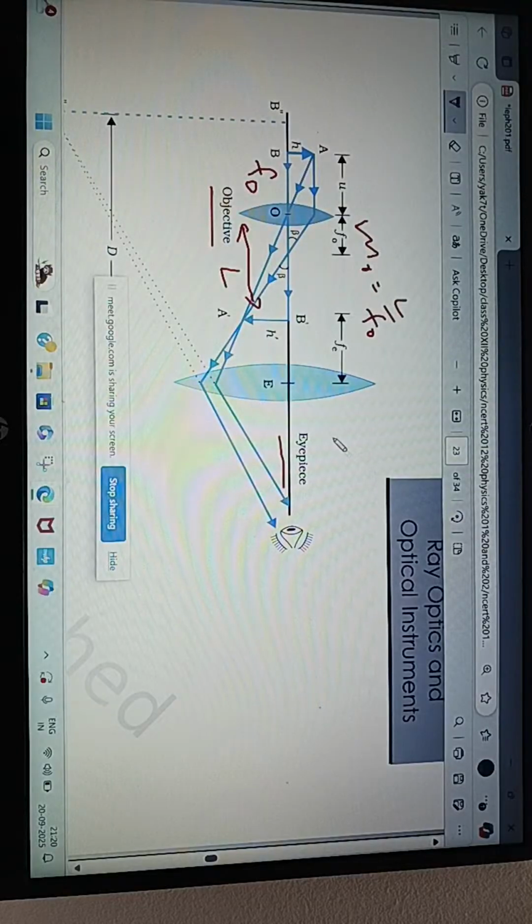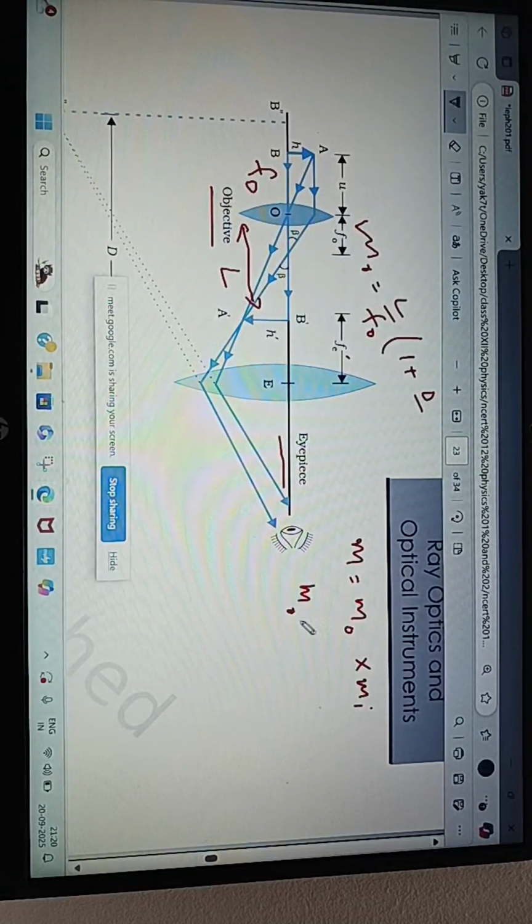And for the eyepiece, angular magnification, distance of distinct vision, you will get the same as the first case: 1 plus D by fe. M is equal to MO into ME.